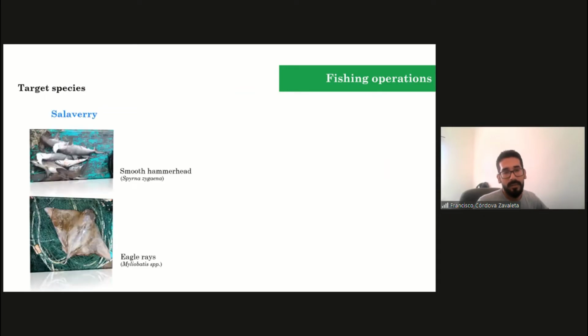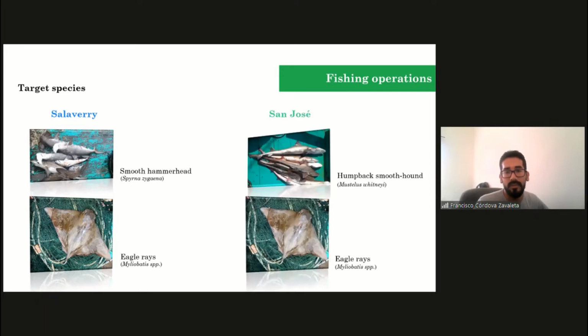And as I was saying, Salaberry had the smooth hammerhead as target species, while for Batois, the eagle rays. In the case of San Jose, the humpback smoothhound was the main shark species, while for Batois, also the eagle rays, the Myliobatis in the case of peruvianus and chilensis.